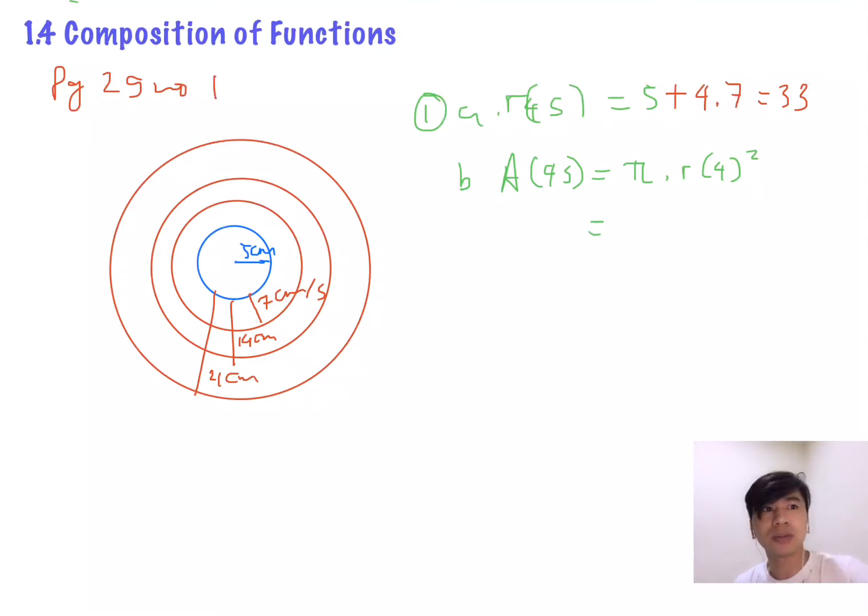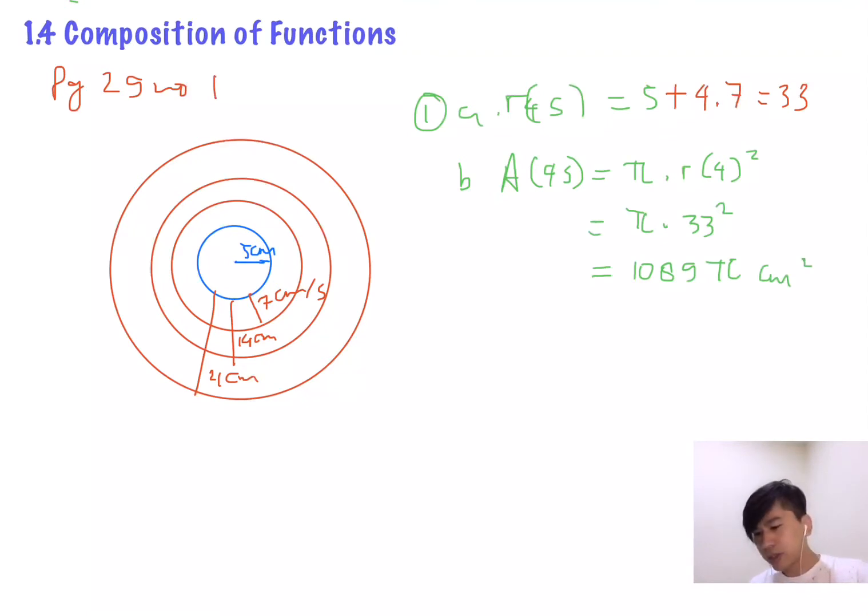That will be pi times 33 squared, and 33 squared is 1089, so 1089 pi. The unit is centimeter squared.